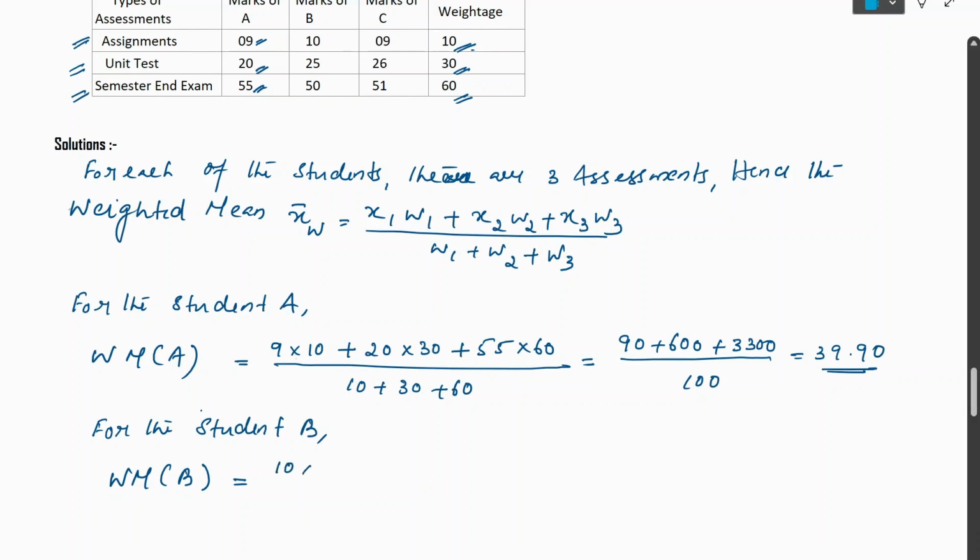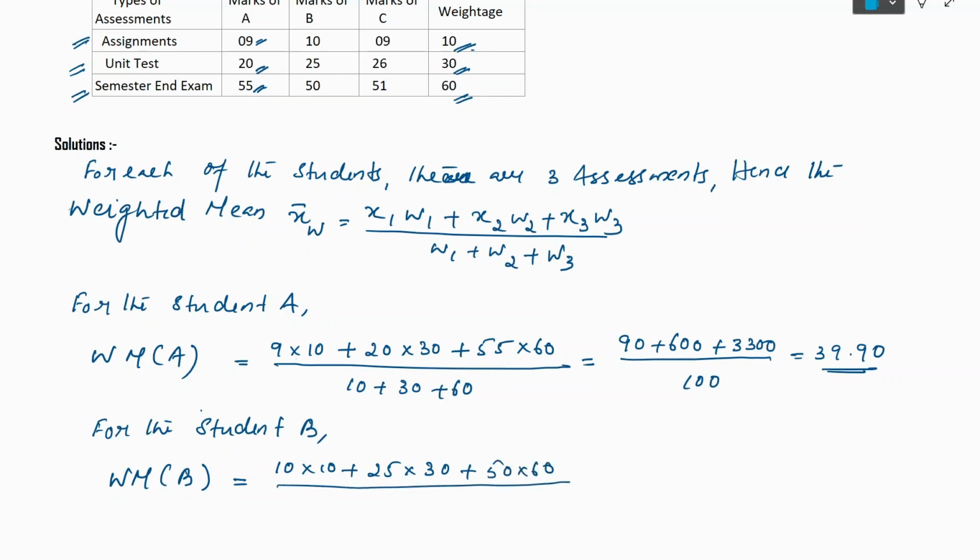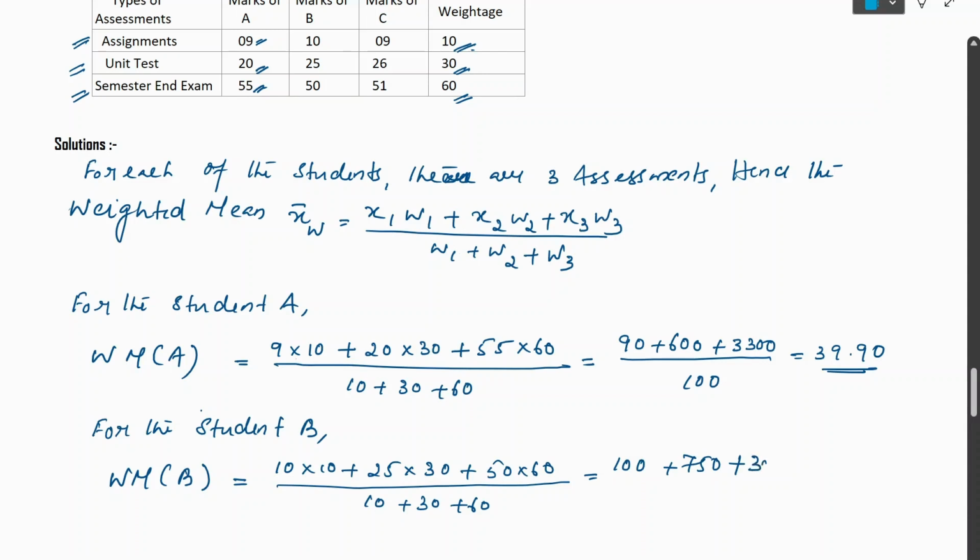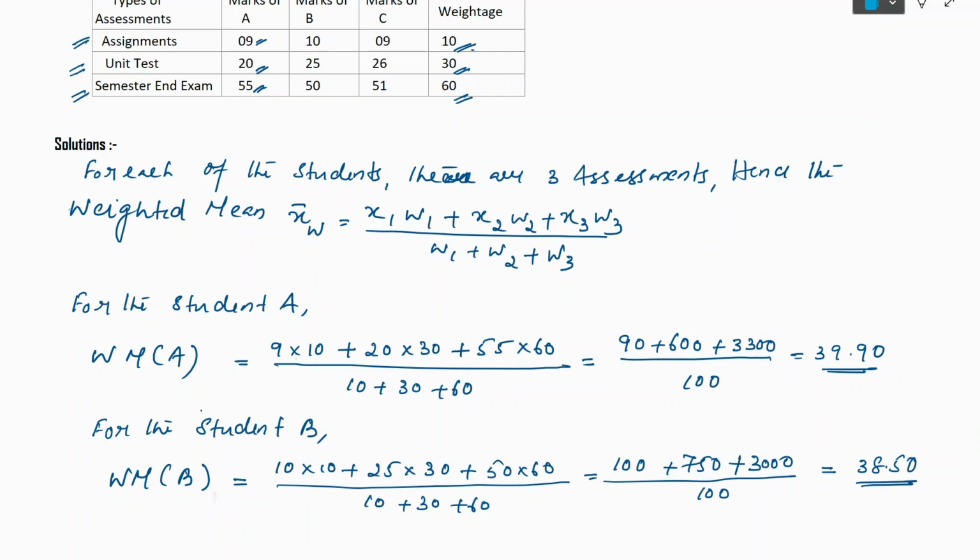Therefore, it is 10 into 10 plus, next is 25 into 30 plus 50 into 60 whole divided by 10 plus 30 plus 60. The answer is equal to 100 plus 750 plus 3000 whole divided by 100. That is equal to 38.50. Use the calculator and calculate it.